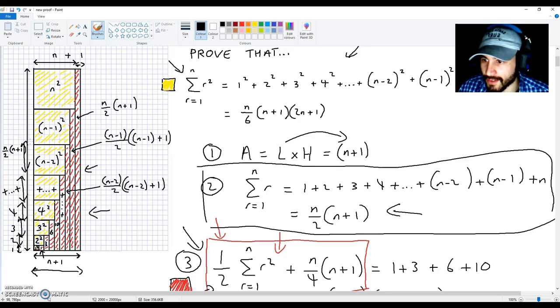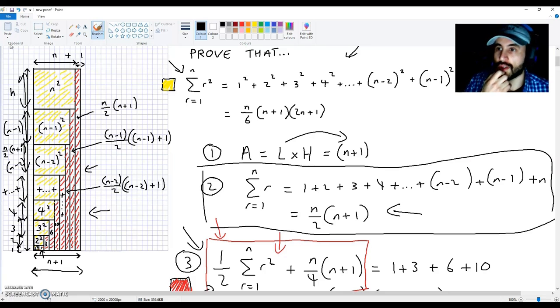This height over here is equal to n minus 2, this height is equal to n minus 1, and this height over here is equal to n. So as we can see, the height of this rectangle represents this equation right over here.